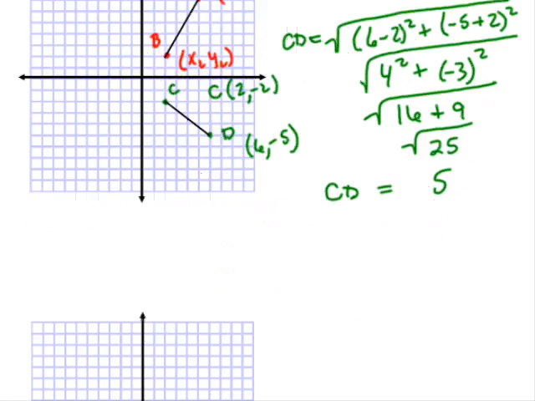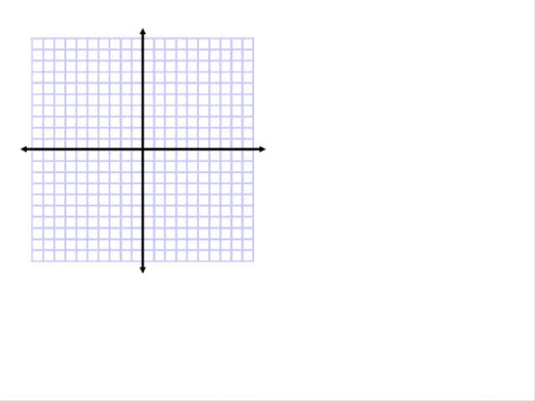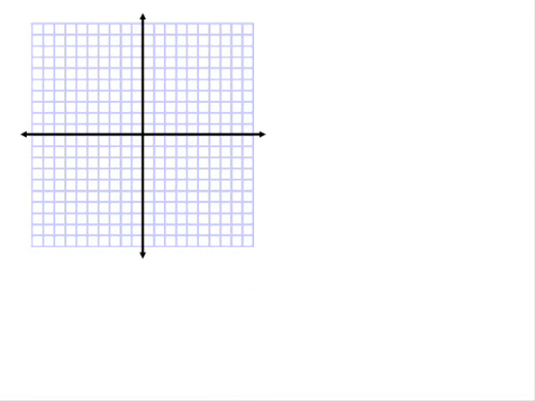Let's look at one more example. So we have a new coordinate point, and we want to find the distance between the two points. We have point A, and let's say that B is right here.